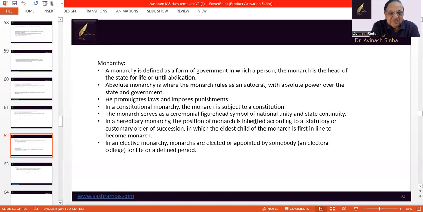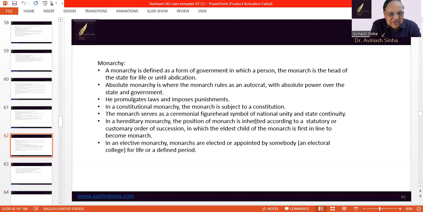Absolute monarchy is where the monarch rules as an autocrat with absolute power over the state and government. He promulgates laws and imposes punishments on those who violate the laws.